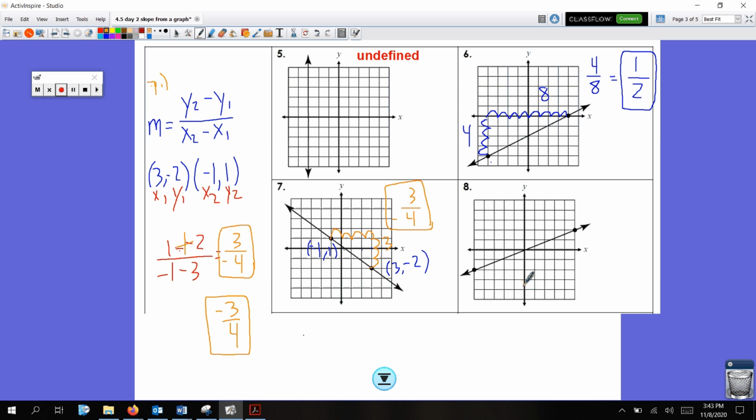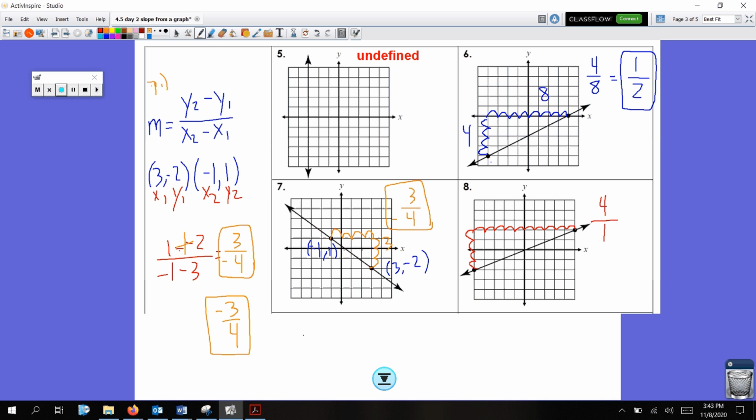All right, let's look at number 8. Wow, this is a lot. So we are going to have to count our rise. 1, 2, 3, 4. All right, that's my rise over my run. 1, 2, 3, 4, 5, 6, 7, 8, 9, 10.